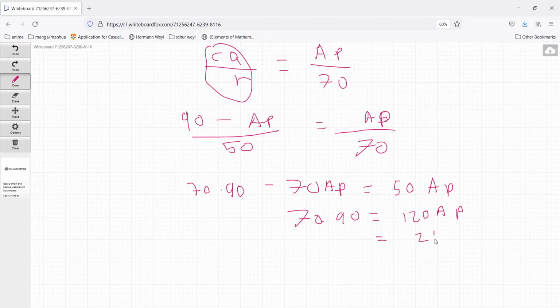So we have 2 AP, that's what I've been writing, divided by 60. We divide the 30 into this one and the 2 into this one. 35 times 2 is equal to 70. So 2 AP is equal to 70.